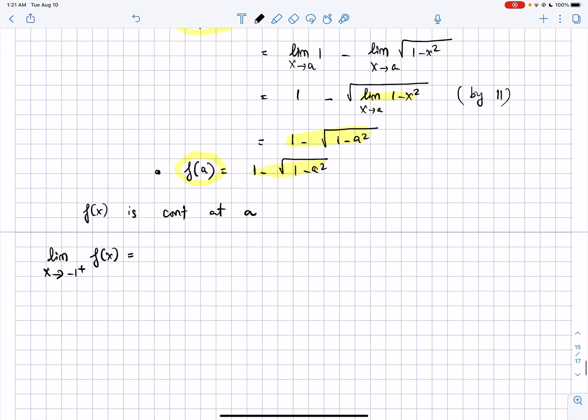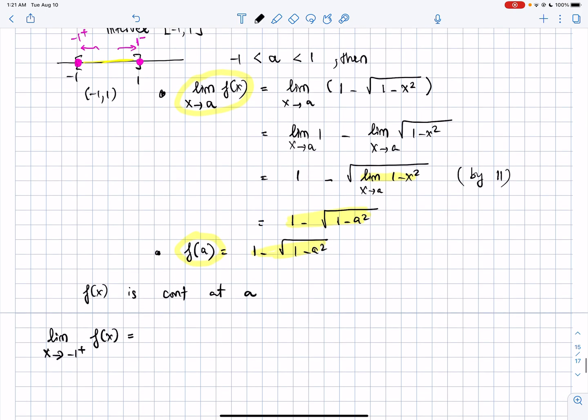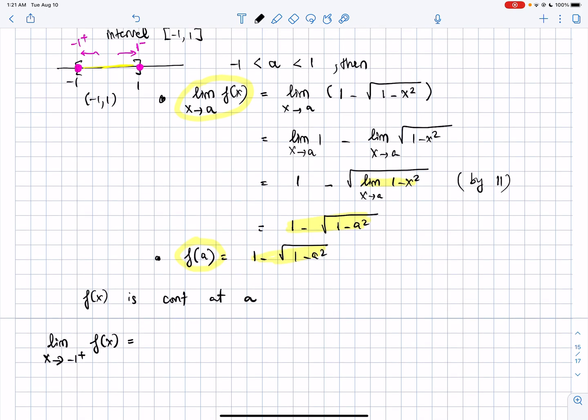All we need to do is plug -1 into the function. So we get 1 minus the square root of 1 minus (-1) squared.